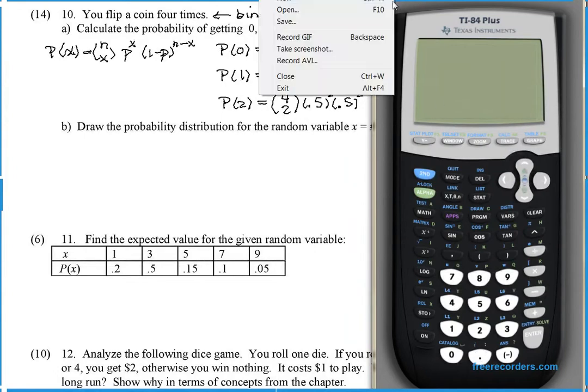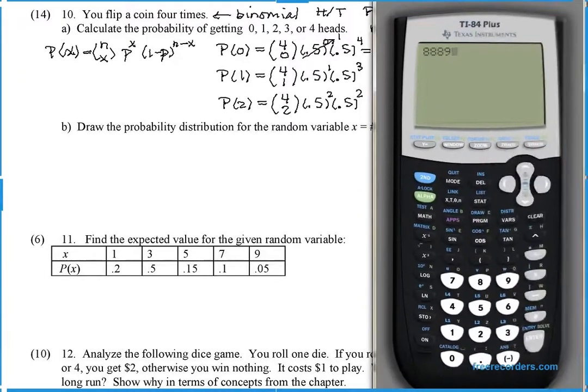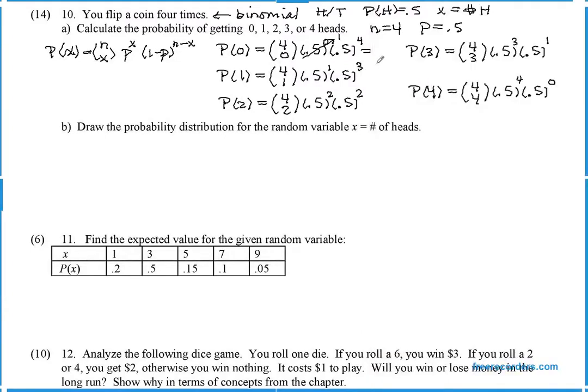Okay, so 0.5 to the 4th power, 0.0625. So we'll just do 0.06.